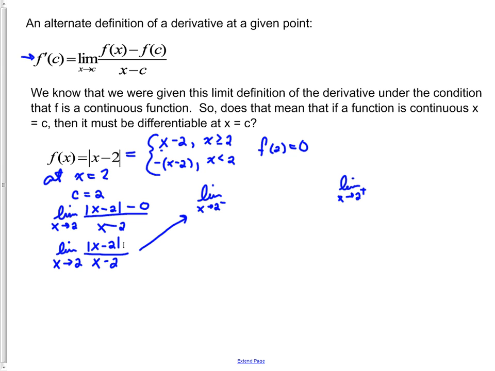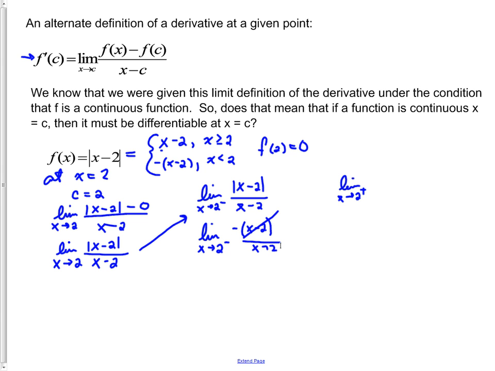And in this limit, the absolute value of x minus 2 over x minus 2, as we approach 2 from the left, that means we're approaching with values that are less than 2. So we're actually going to be taking the limit as x approaches 2 from the left of the negative of the quantity x minus 2 divided by x minus 2.